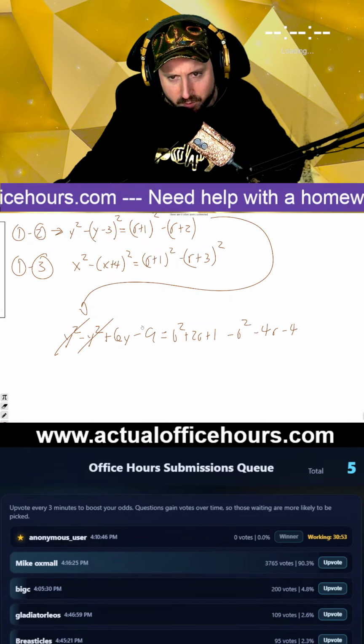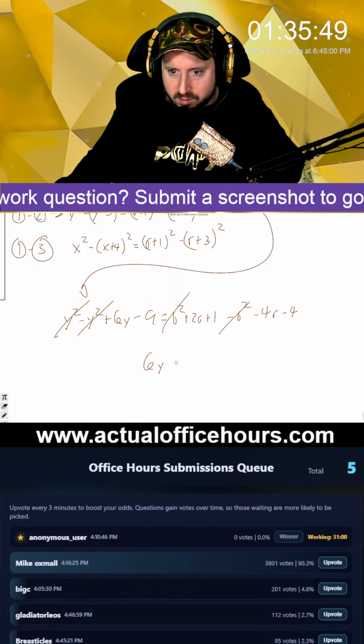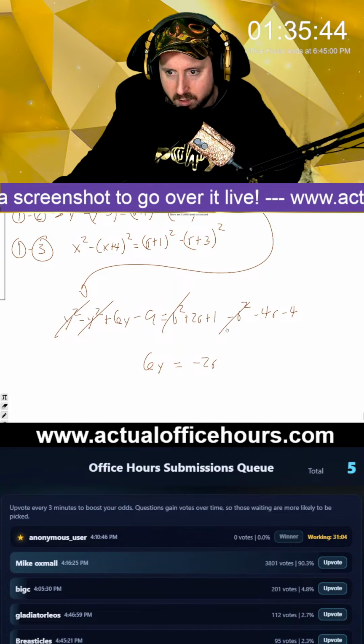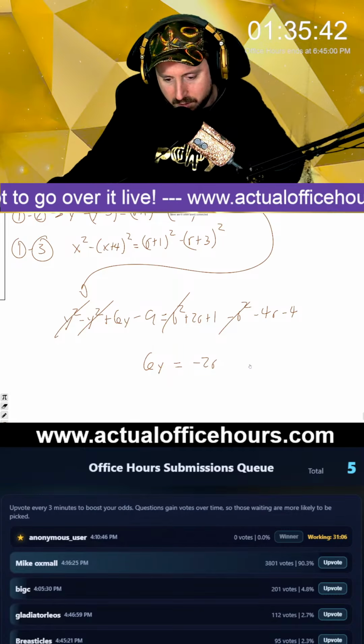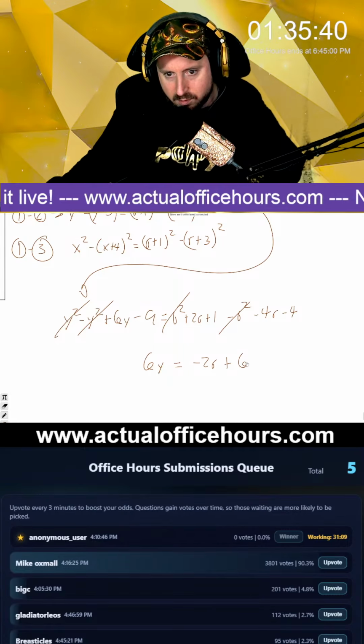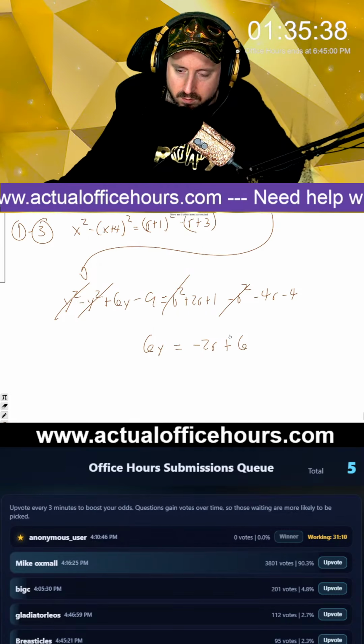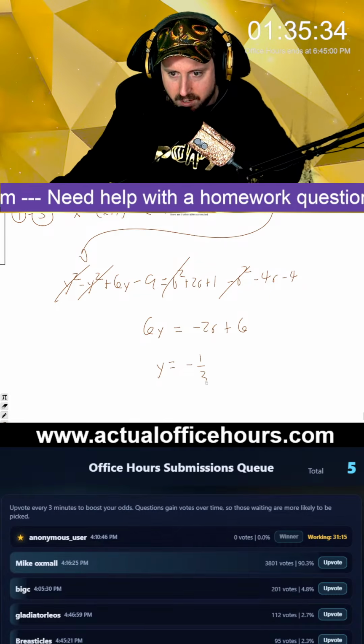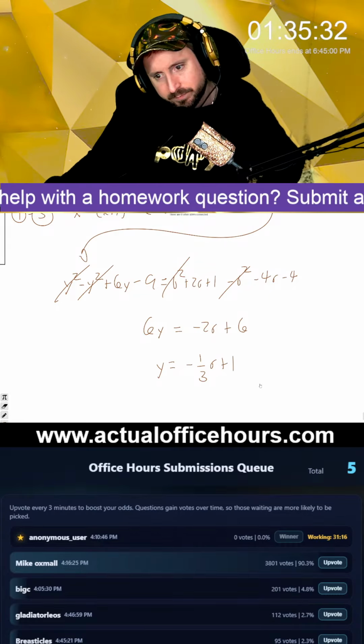Sorry, what's going to happen here? This is cool, whatever. So I get 6y is equal to, and then 2r minus 4r is negative 2r. 1 minus 4 is negative 3. Negative 3 plus 9 is 6. Right? Is that what I get? So y is equal to negative 1/3 r plus 1.